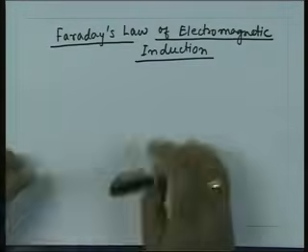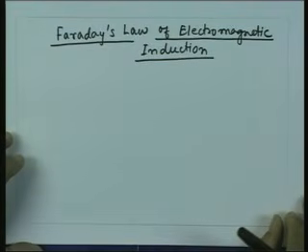The Faraday law of electromagnetic induction states that the total EMF around a closed loop is equal to the rate of change of magnetic flux enclosed by that loop, and the direction of this EMF is such that the magnetic field produced by this current, because of the EMF, opposes the original magnetic field.